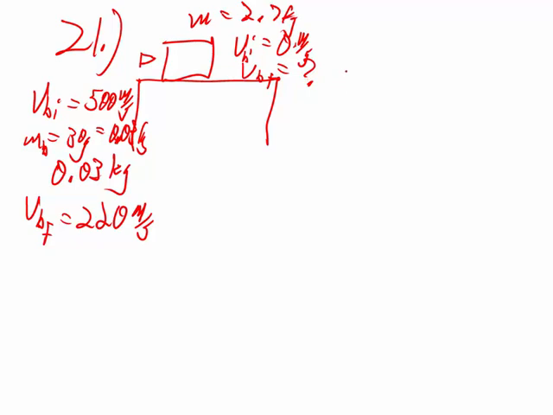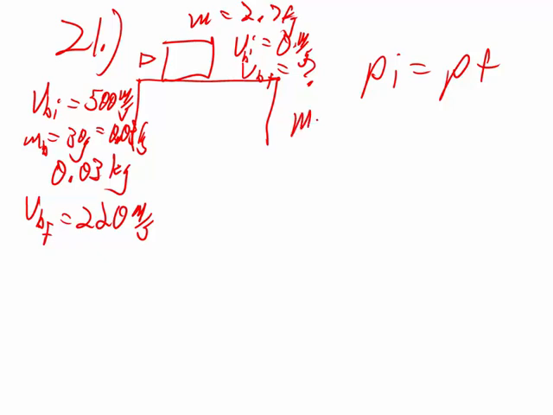So in other words, P initial is equal to P final, correct? Because momentum is conserved, and if you say P final minus P initial, you get 0, don't you? So P final is equal to P initial. How do we write that?